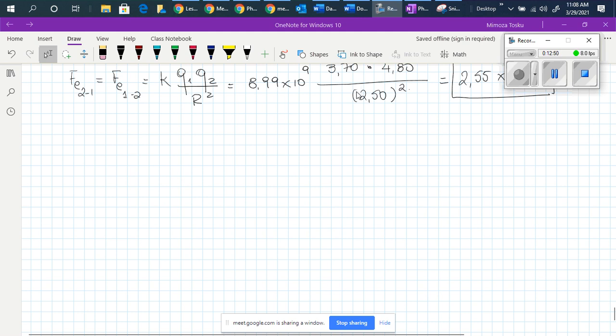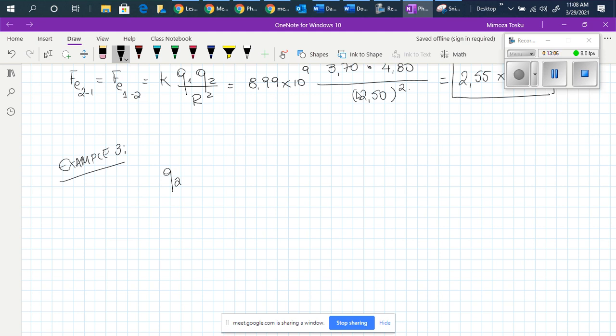Let's see another example, example 3 of the application of Coulomb's law. Let's suppose that we are finding the electrostatic force that exists between two fixed charges.